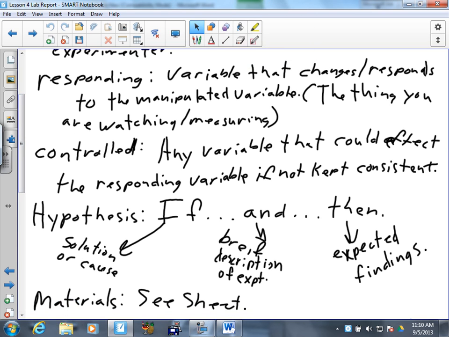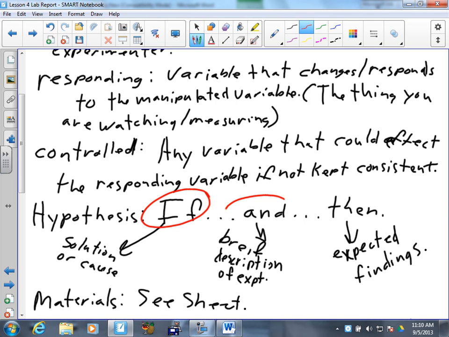Okay, so as I said before, a hypothesis is a deductive, predictive statement. So it has to deduce something. It has to say, based on these things, this is the solution. Okay, and then it needs to say, if that's true, these are going to be my results. All right. So that's why a hypothesis always contains the words if, and, then.